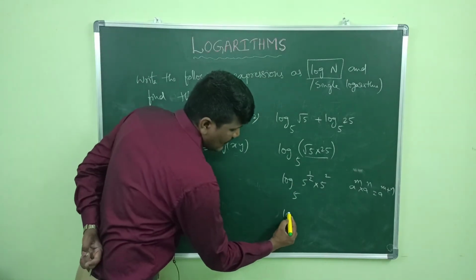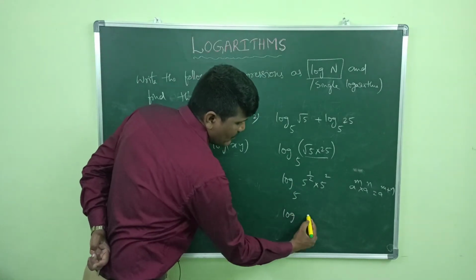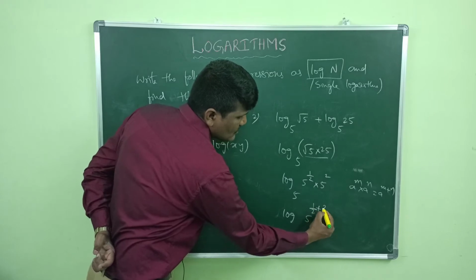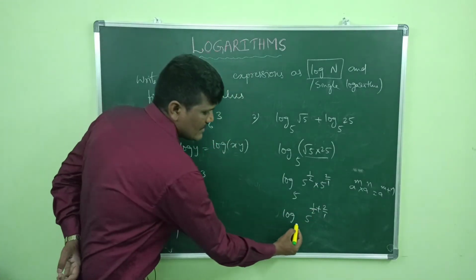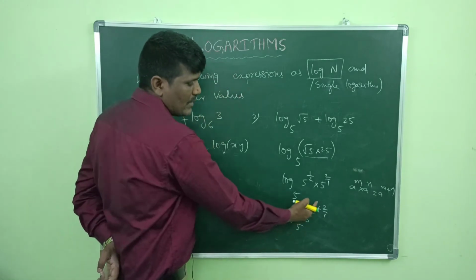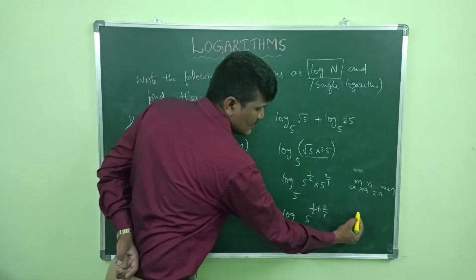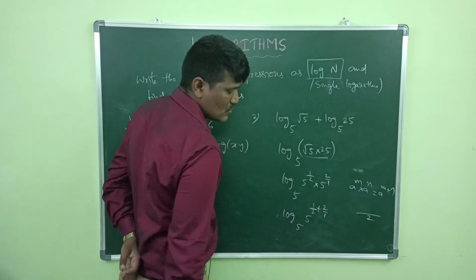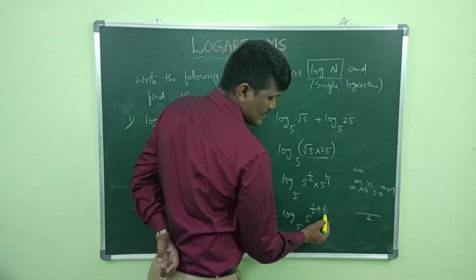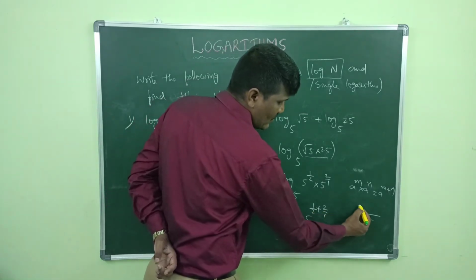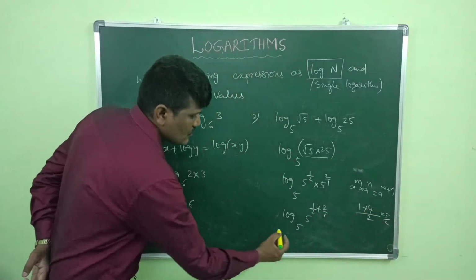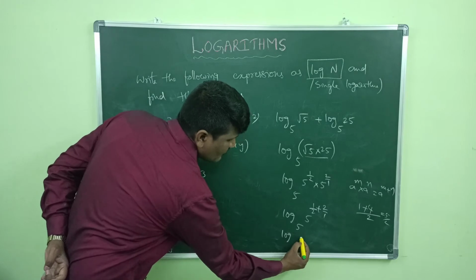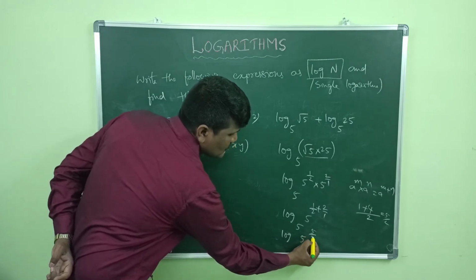Use that: log 5 power 1 by 2 plus 2, where 2 is nothing but 2 by 1, to the base 5. So 1 by 2 plus 2 by 1, the LCM is 2, so 1 plus 4, 5 by 2 you can write. So log 5 power 5 by 2 to the base 5.